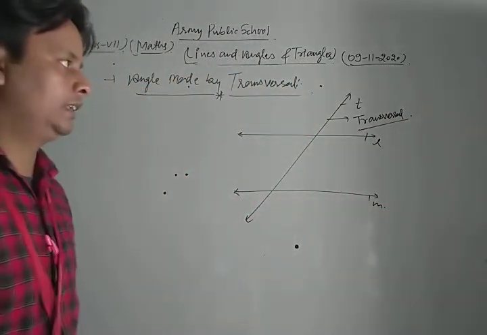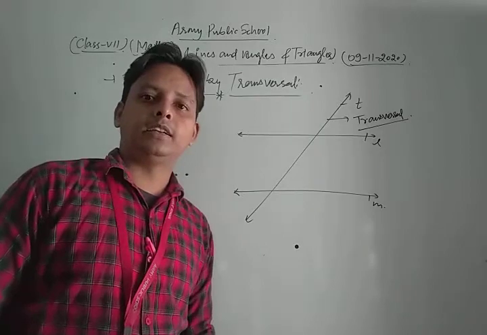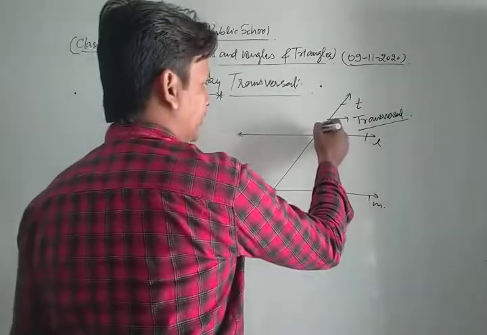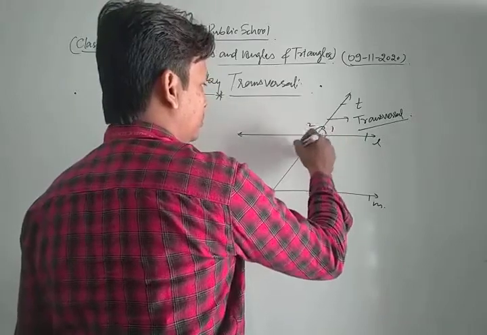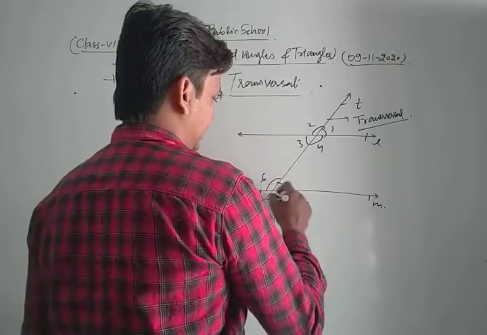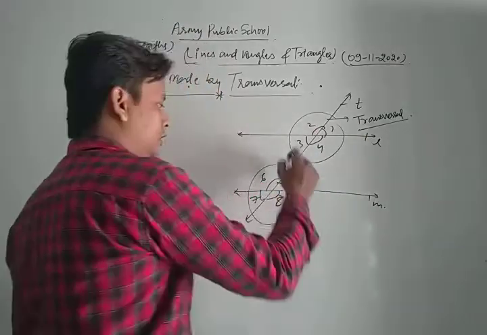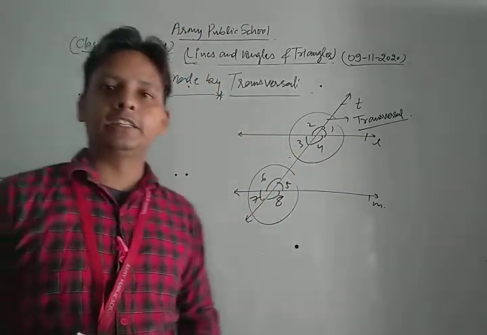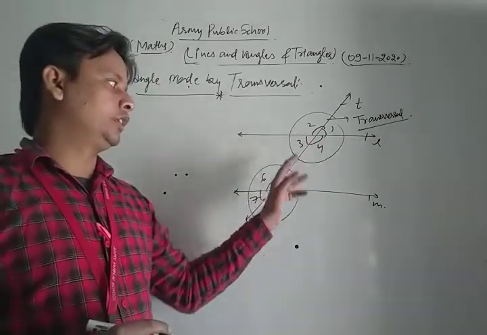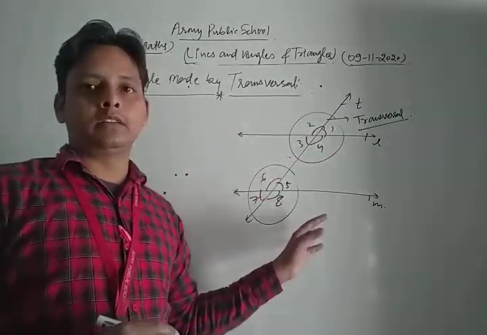There are so many questions on angles made by a transversal. We take angles 1, 2, 3, 4, 5, 6, 7, 8. There are many types of angles made by the transversal, like alternate interior angles, consecutive interior angles, and corresponding angles.